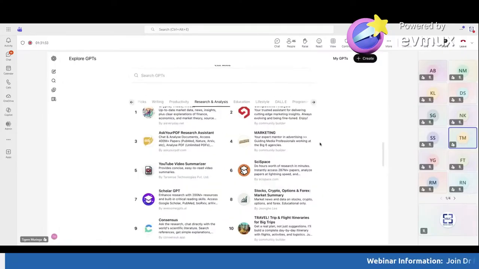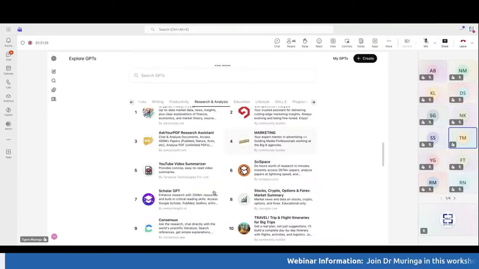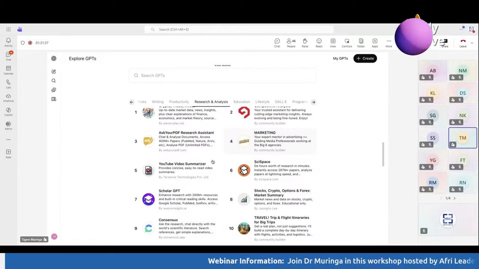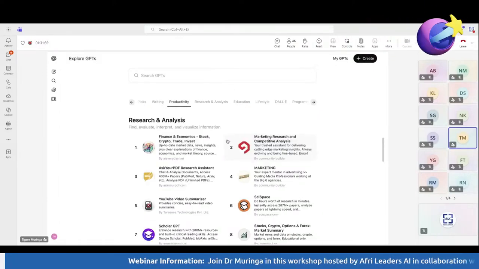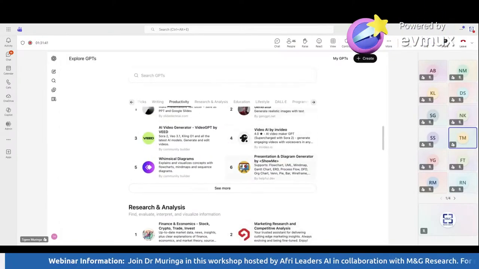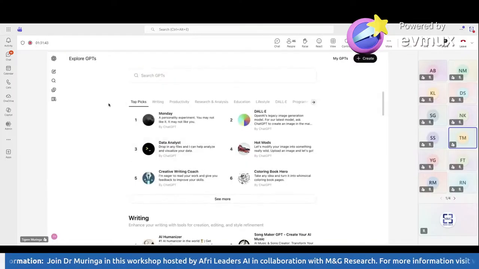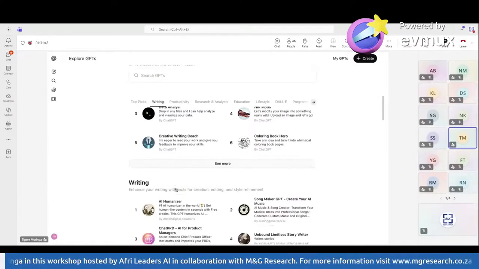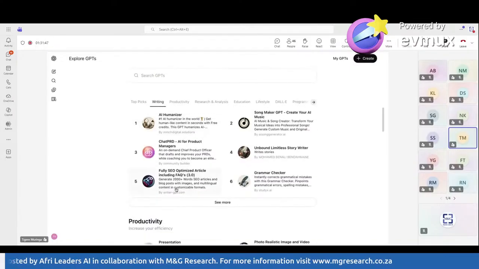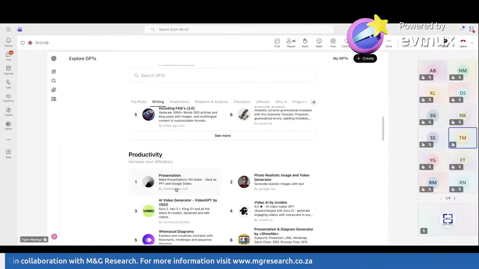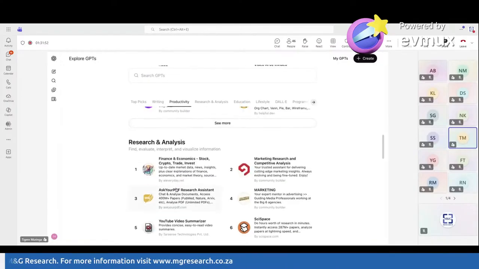So I'm on ChatGPT, and the beauty of ChatGPT is that it gives us different options. If you go to explore ChatGPT, depending on the version that you have, it has options for doing research and analysis.